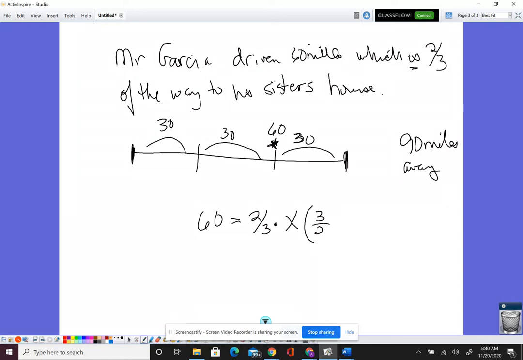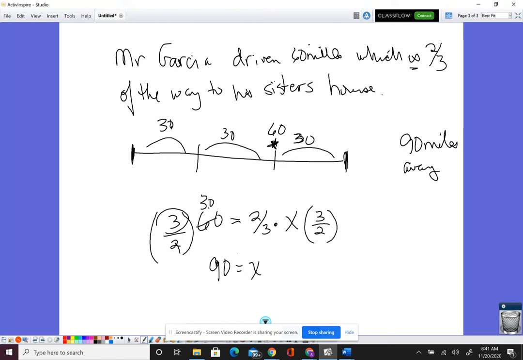We multiply by the reciprocal. 2 goes in there 30 times. Do you see that 30 represents the 30 sections? And we have 3 of those 30 sections to get that his sister lives 90 miles away. So it's just giving you a visual as to what's happening with this trip.